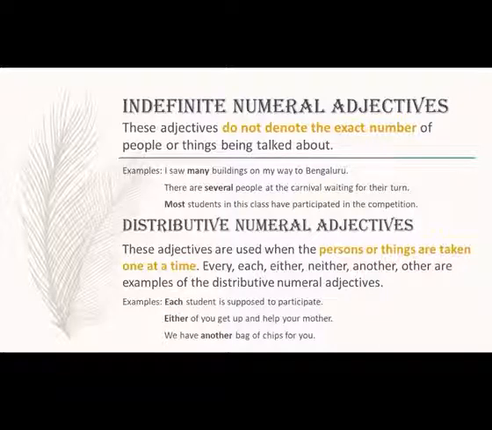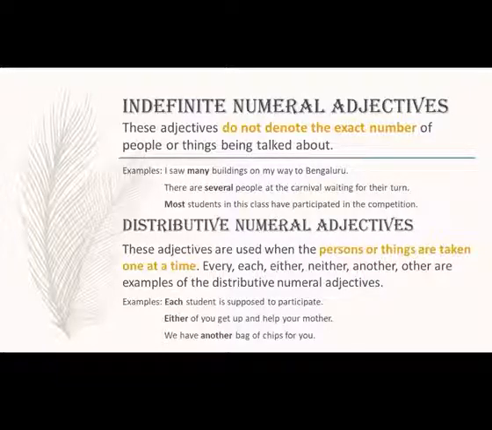Therefore, it is an example of distributive numeral adjective. Either of you get up and help your mother. There are two children, and either of them means any one of them must get up and help their mother. We are taking one child at a time.